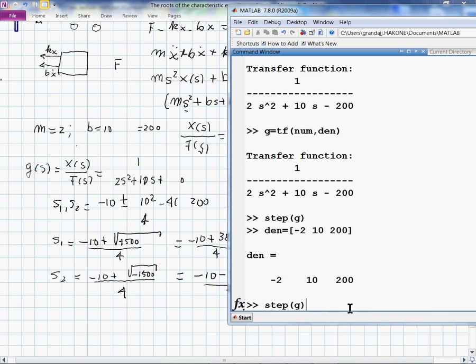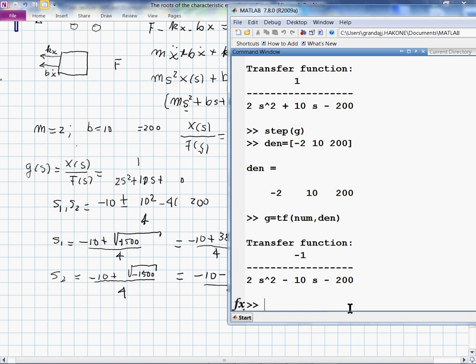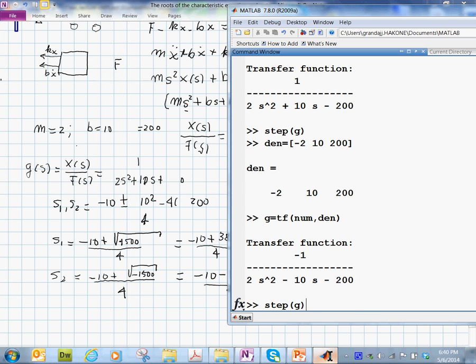Yeah. So we've got the transfer function there, and then we need to get the step response of this transfer function, which is going to be like this. This too is bad. This one blows up, but it goes down instead of up.